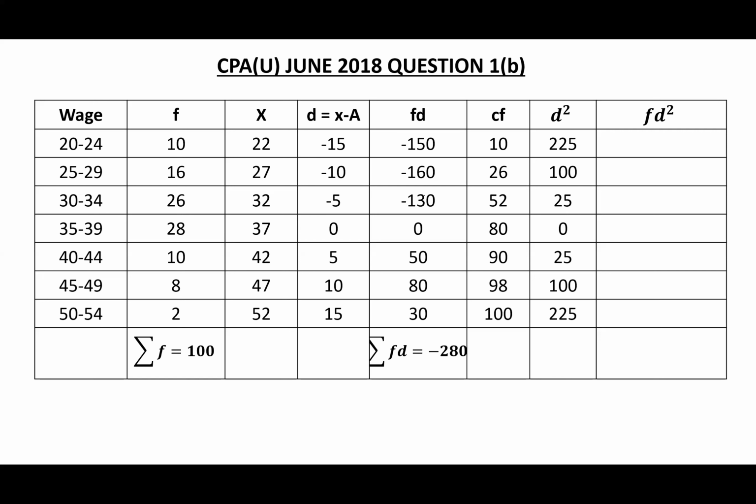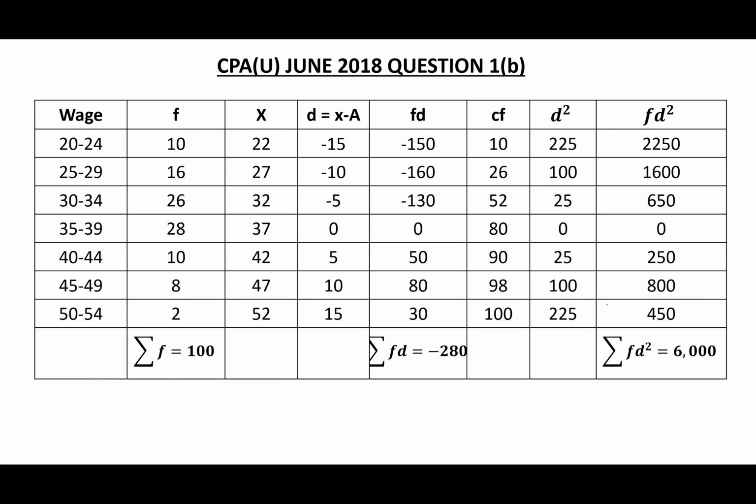So I look for the FD squared by multiplying the F and the D squared. So that would be 10 times 225, that gives us 2,250. 16 times 100, that is 1,600. 26 and 25, 28 and 0, 10 and 25, that's 250. 8 and 100, that's 800. 2 and 225, that's 450.